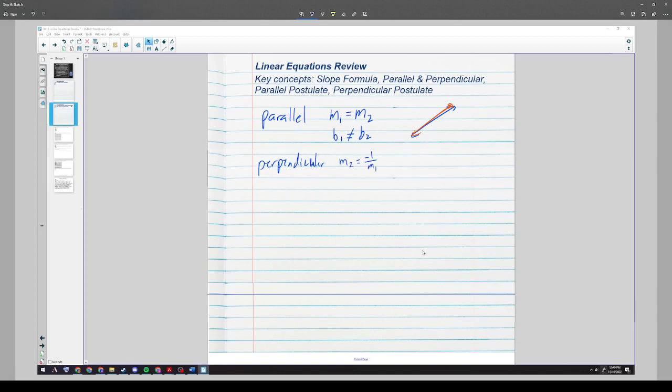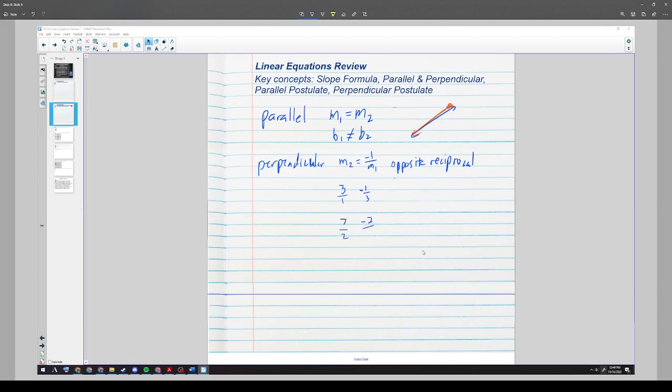So in words, we say this is the opposite reciprocal. So if I have a slope of 3, for my opposite reciprocal, I flip it upside down. So this was 3/1. It becomes 1/3. That's the reciprocal part. And then the opposite part is I make it negative. So 3 and -1/3 are opposite reciprocals.